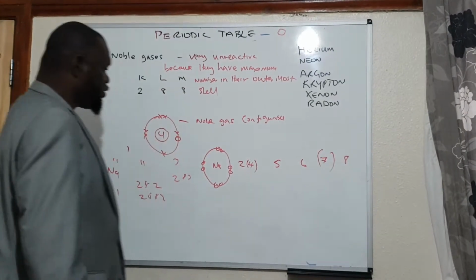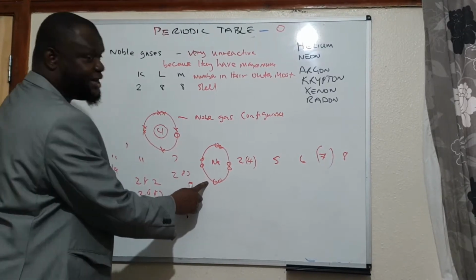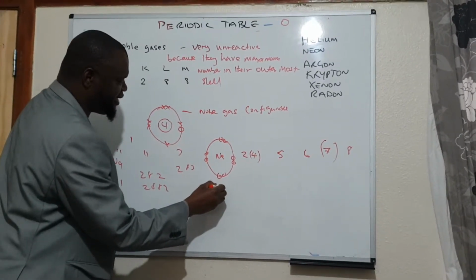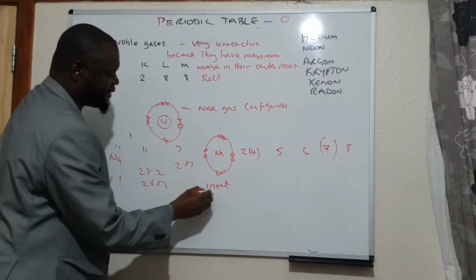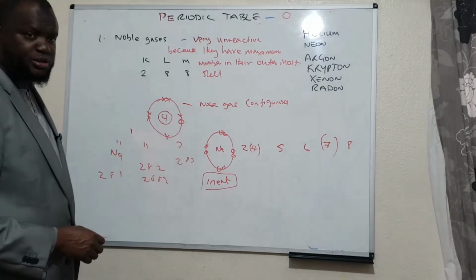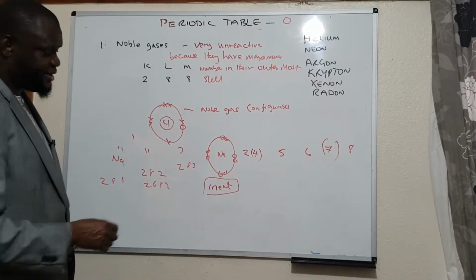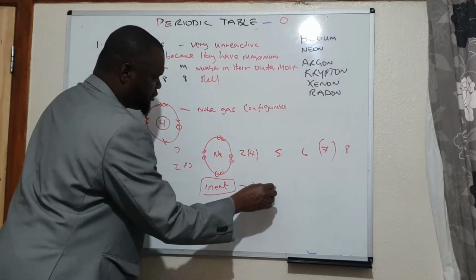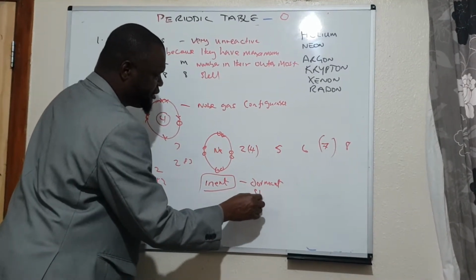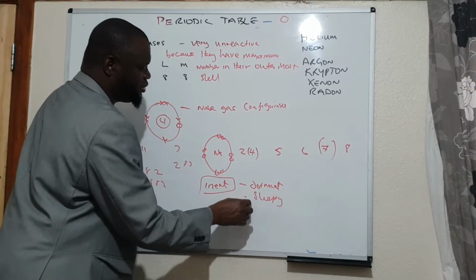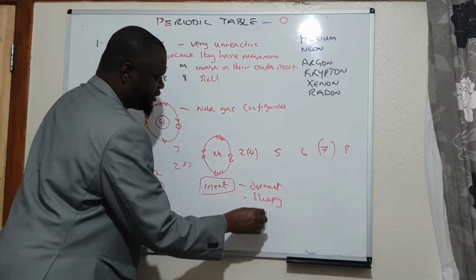Because they have 8 electrons in their outermost shell, they are called inert. What is the meaning of inert in English? Inactive, or dormant. Dormant means sleepy, or impotent.